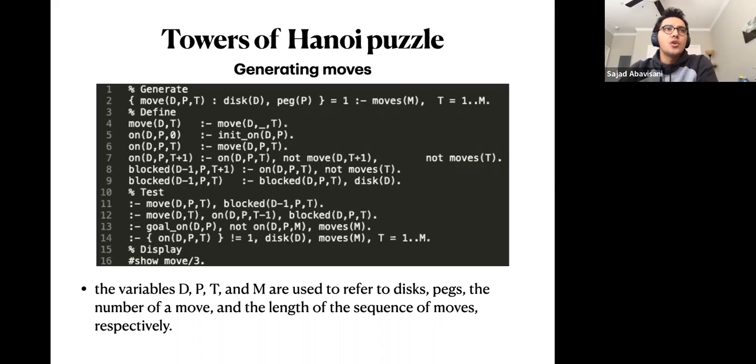Then we move to the defining phase. Line 4 is just the mapping, doesn't really matter. Line 5 says that it's turning the fact that in the initial state the disks are on pole A into another fact that at time 0 they're there.